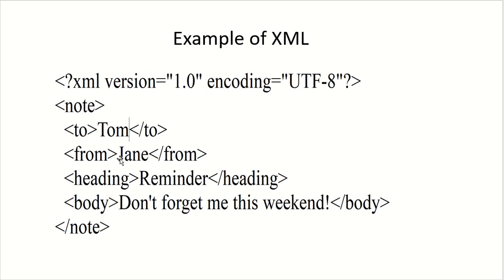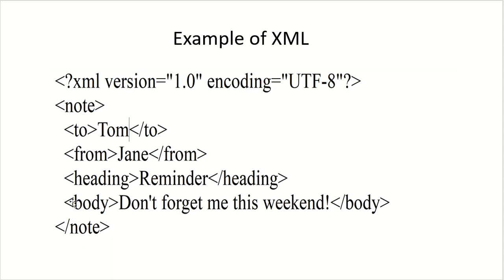The fourth line tells the note is from whom. Are you getting my point? So if we have to read this message, we will read it like Jane is telling Tom, it is a reminder for Tom from Jane that he should not forget him this weekend. Alright, so this will be read like this.